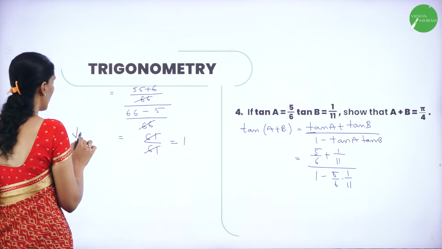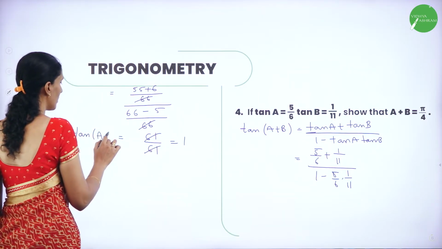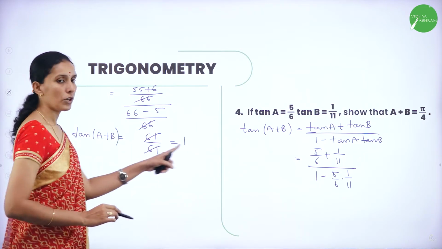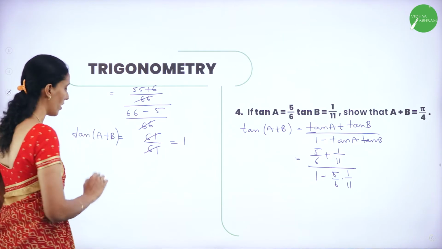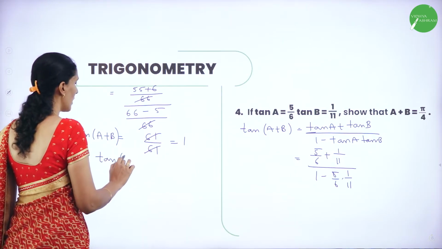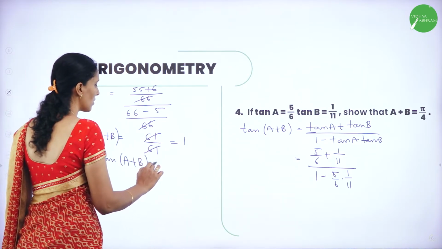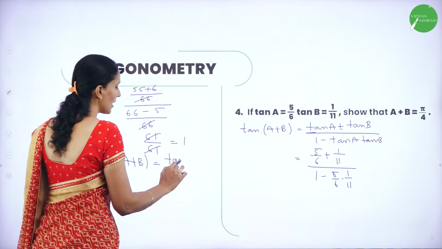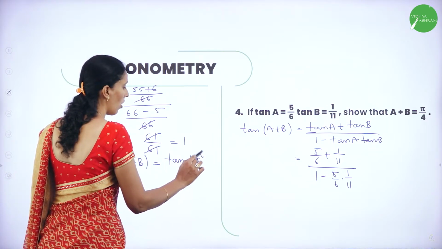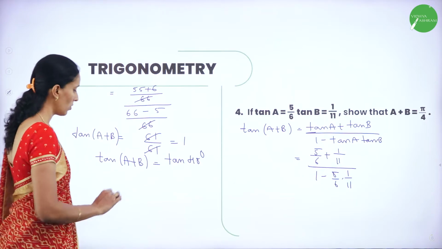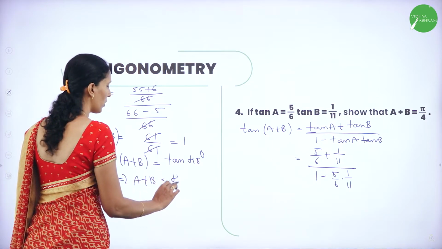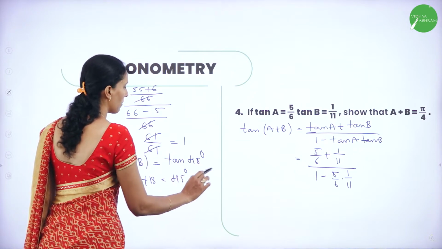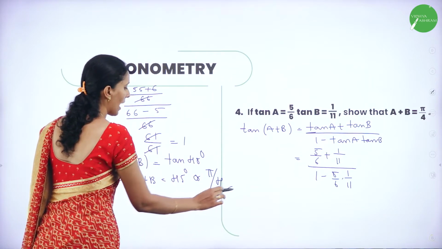So we got tan(A plus B) is equal to 1. For what values does the tan function become 1? Tan(A plus B) is 1 whenever the angle is 45 degree or pi by 4. So therefore, this implies A plus B is equal to 45 degree or pi by 4. Hence, we have proved.